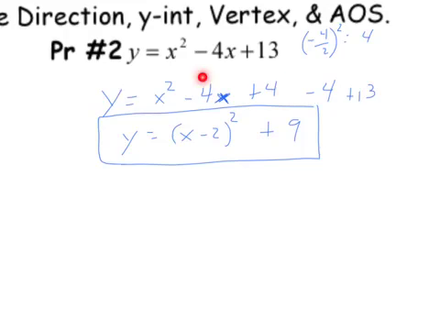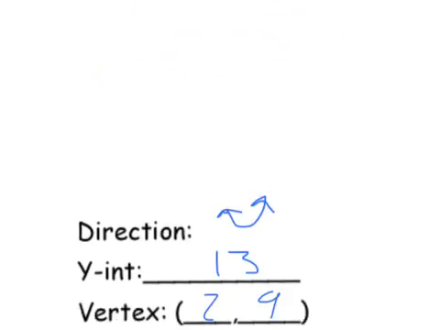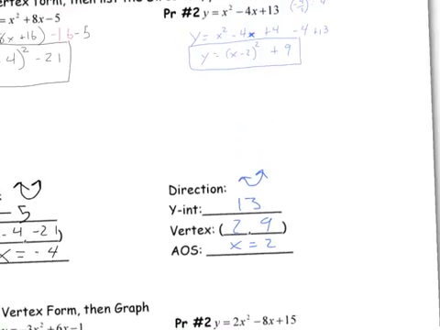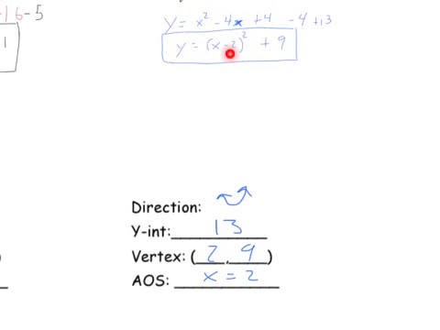That gives me a perfect square, which I can rewrite as (x minus 2) squared, and then negative 4 and 13 make 9. So that gives me a vertex of 2, 9, because remember, it's the opposite of what that number is. So there's my vertex, which gives me an axis of symmetry of x equals 2.